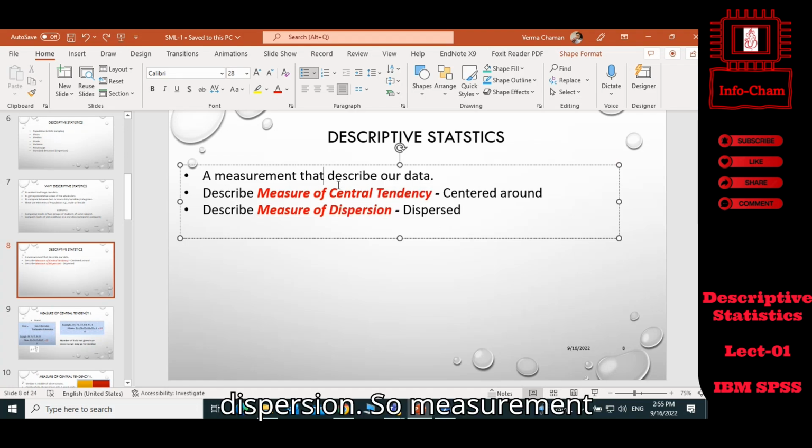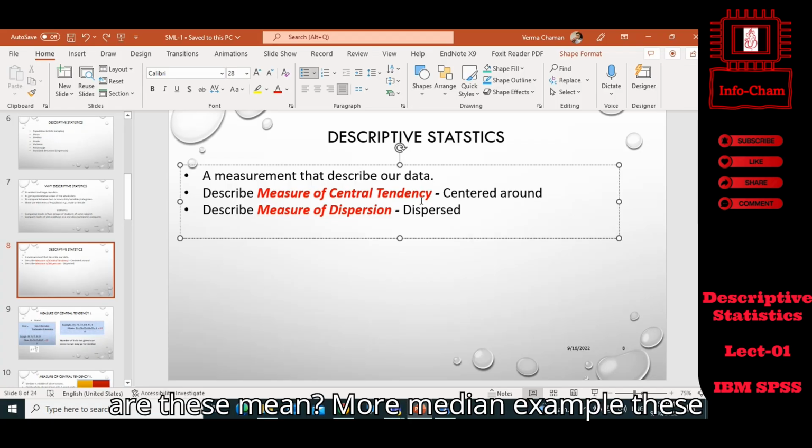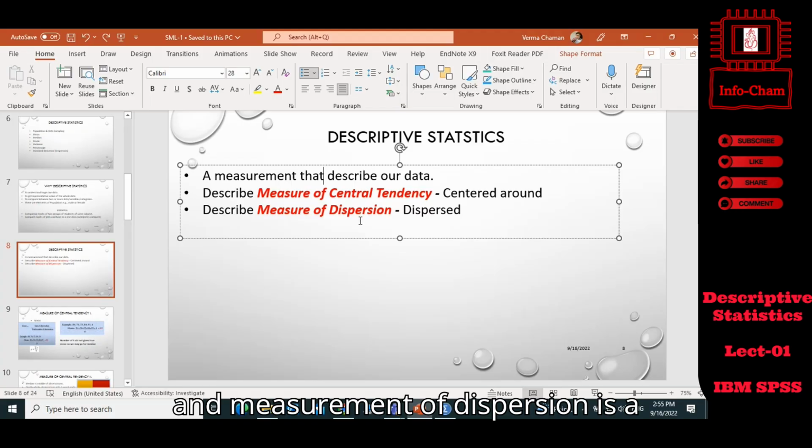Measures of central tendency are mean, mode, median, for example. And the measurement of dispersion is standard deviation. Basically, these are the two basic facts we work with under descriptive statistics. Next class, we will calculate all these things in a tool, by taking an example of data.